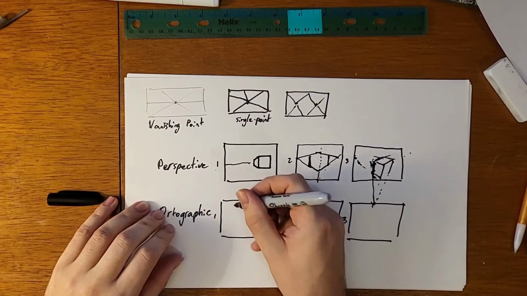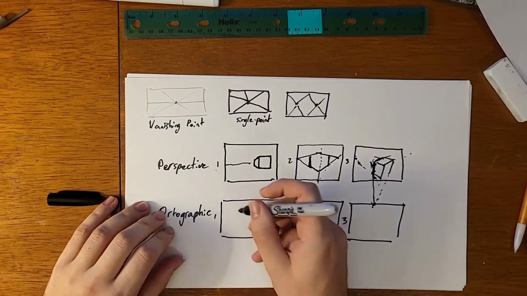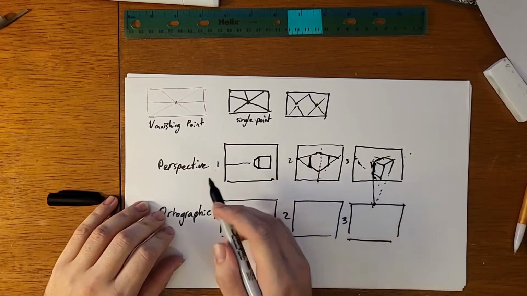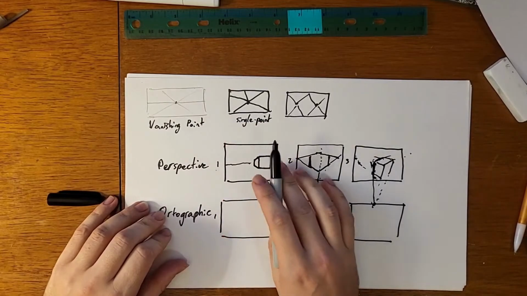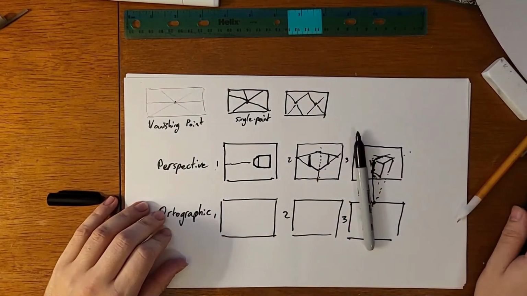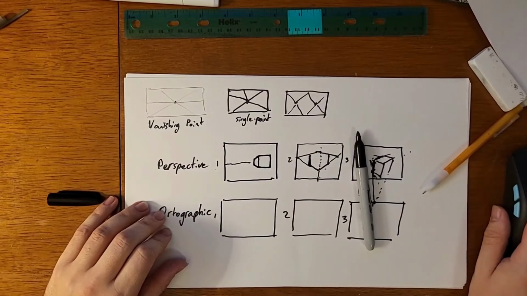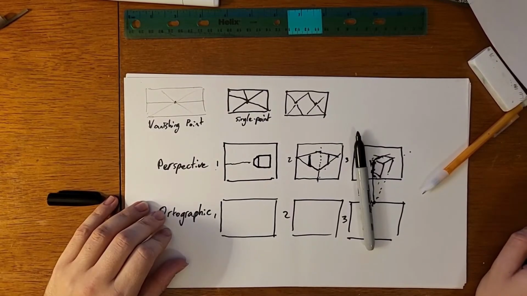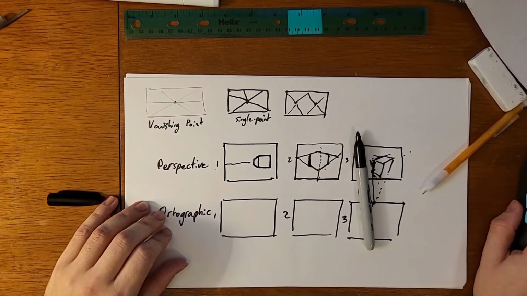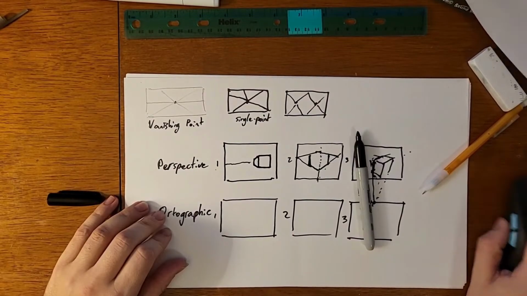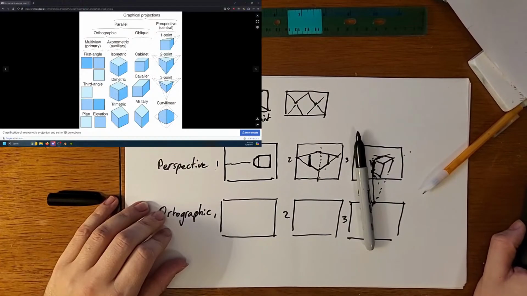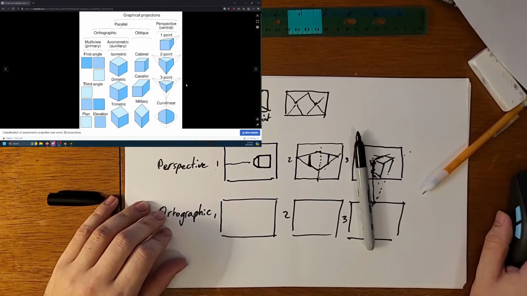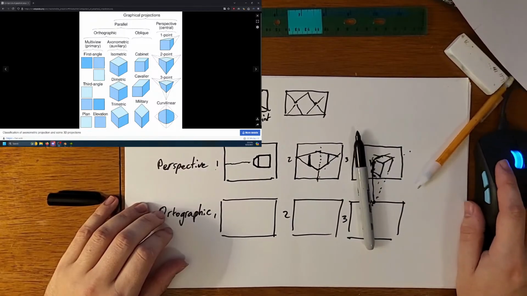Now, isometric usually refers to that view from the corner, but the terms we have in that diagram, which I can't really show, can I? Maybe I can. Let me pull it out. Ta-da!